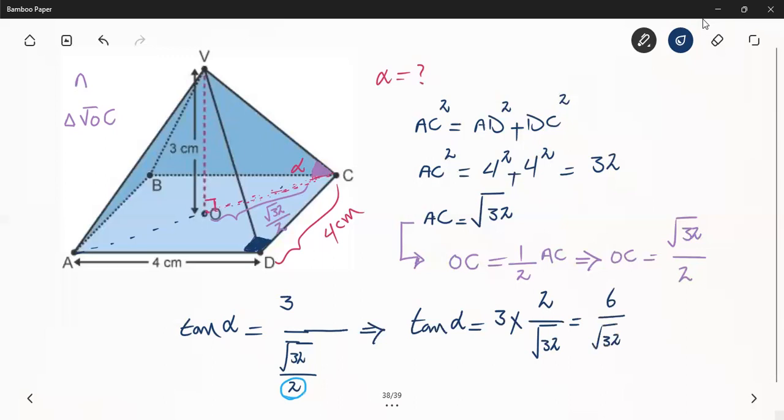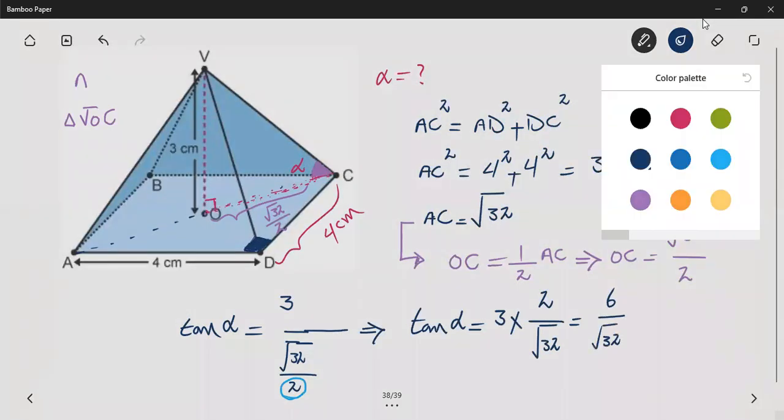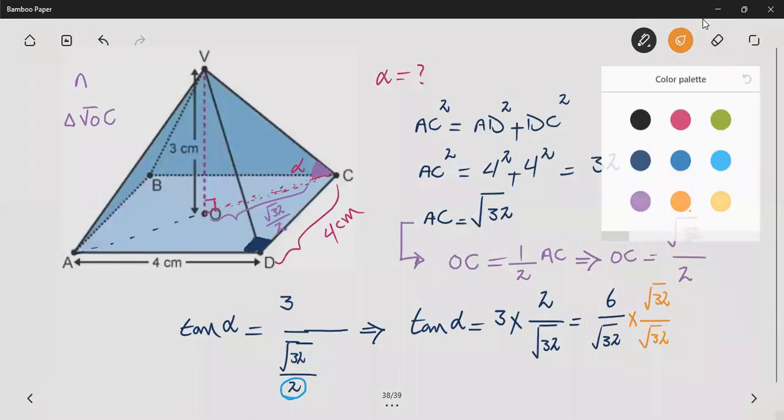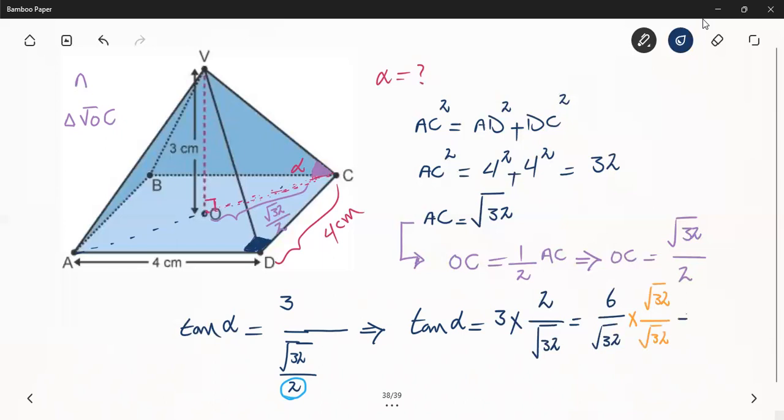You can rationalize it by multiplying both by square root of 32. Then tangent of alpha is how much? 6 square root of 32 over 32.